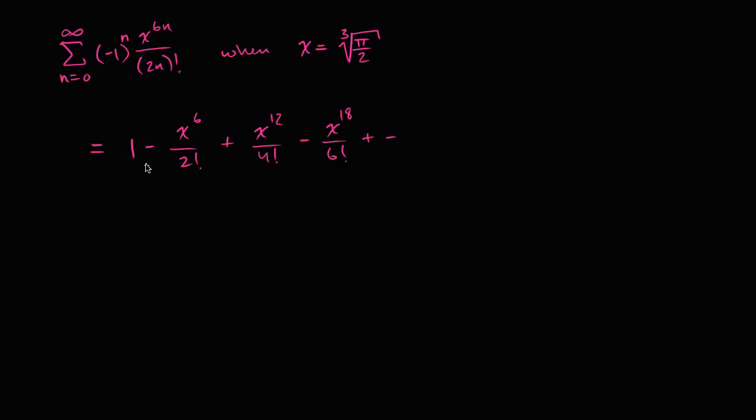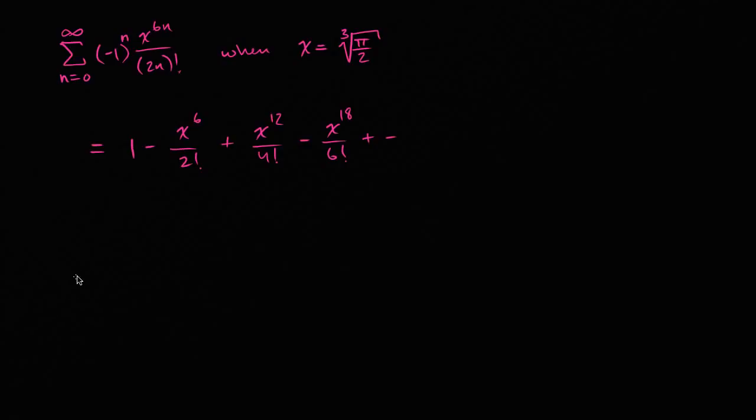Now, offhand, I don't know a function, especially a trigonometric function, because that was kind of our clue here. This pi over 2 makes me feel like this might be a trigonometric function. Nothing jumps out at me offhand, but this does look suspiciously familiar. This looks awfully close to the Maclaurin series for cosine of x, which we have seen multiple times. Let's just remind ourselves what that is.